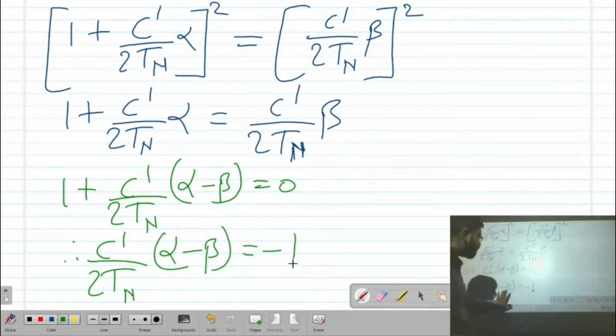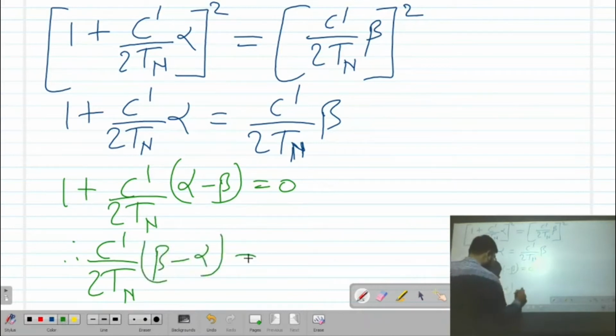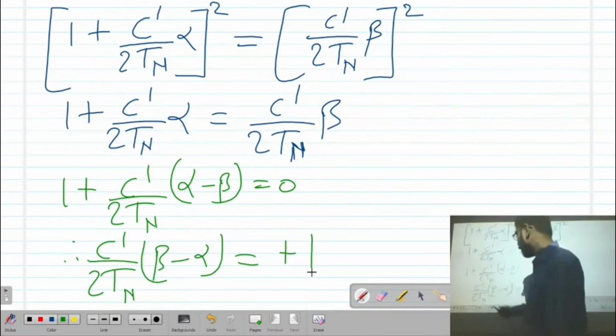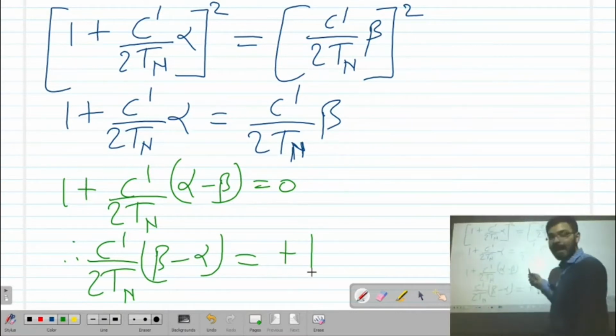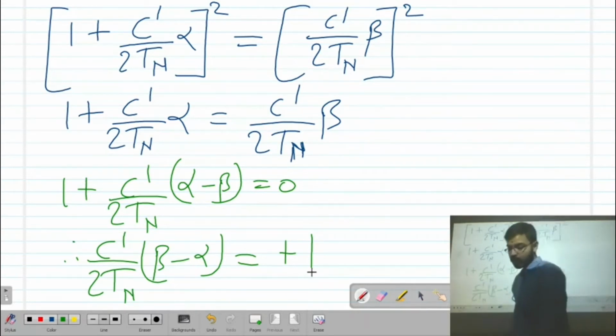Now changing the sign of alpha and beta, we change -1 to +1, so beta minus alpha is equals to +1. We have changed the minus sign. If we take this one on the other side, we will have -1. Again, if we change the beta alpha position, the minus will be plus, and we will have +1. Right?